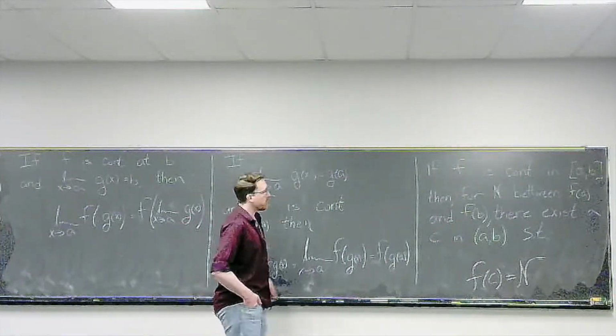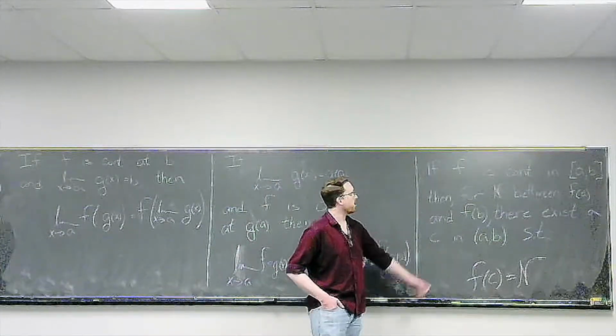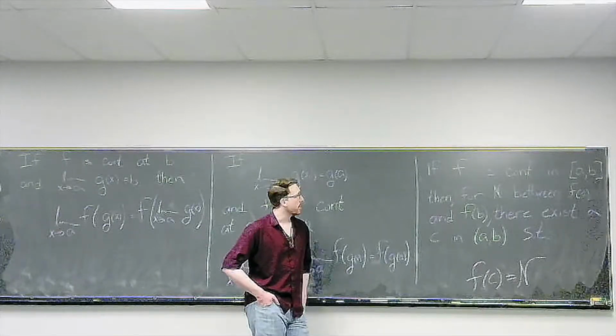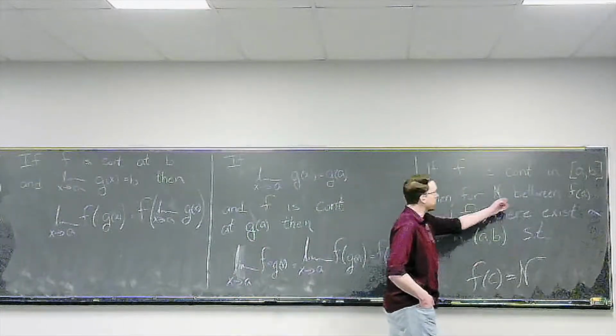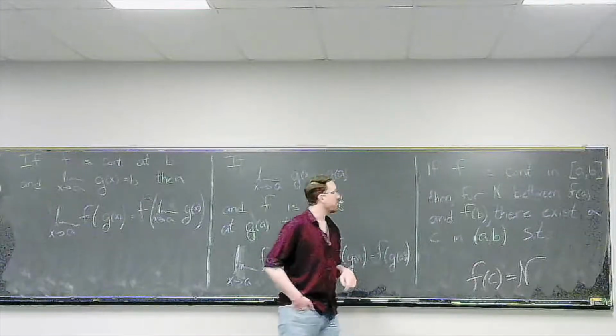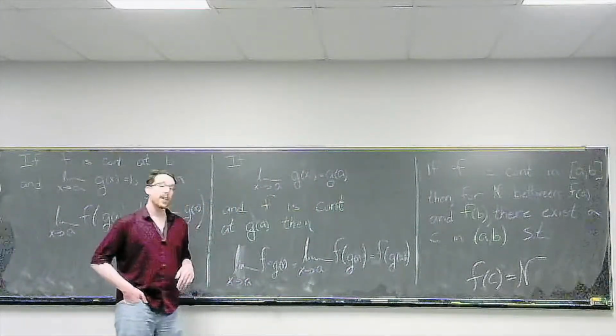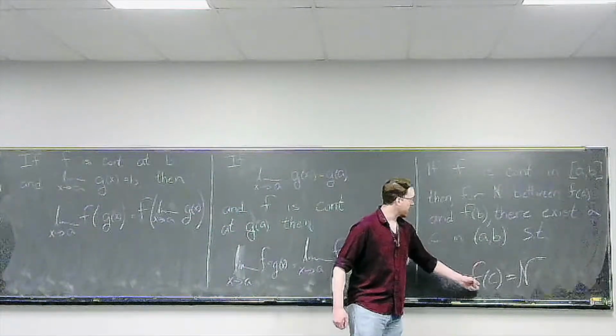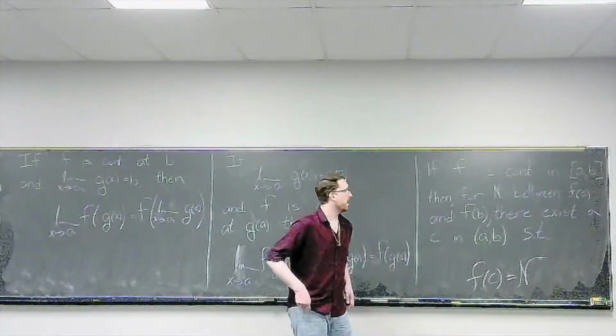And finally, we have what's called the intermediate value theorem. If f is continuous inside of some interval, then for n between f of a and f of b, there exists a c inside what's called the open interval from a to b, such that f at c is equal to n.